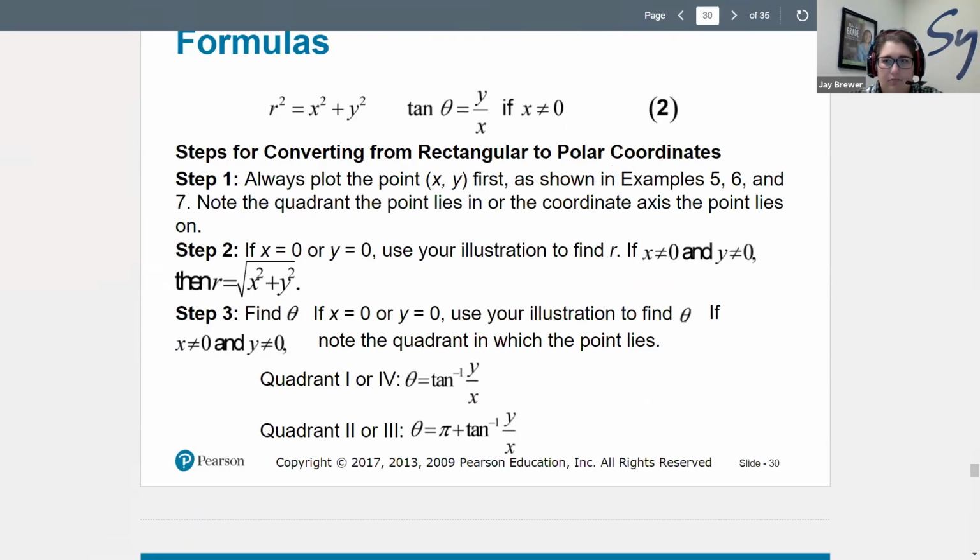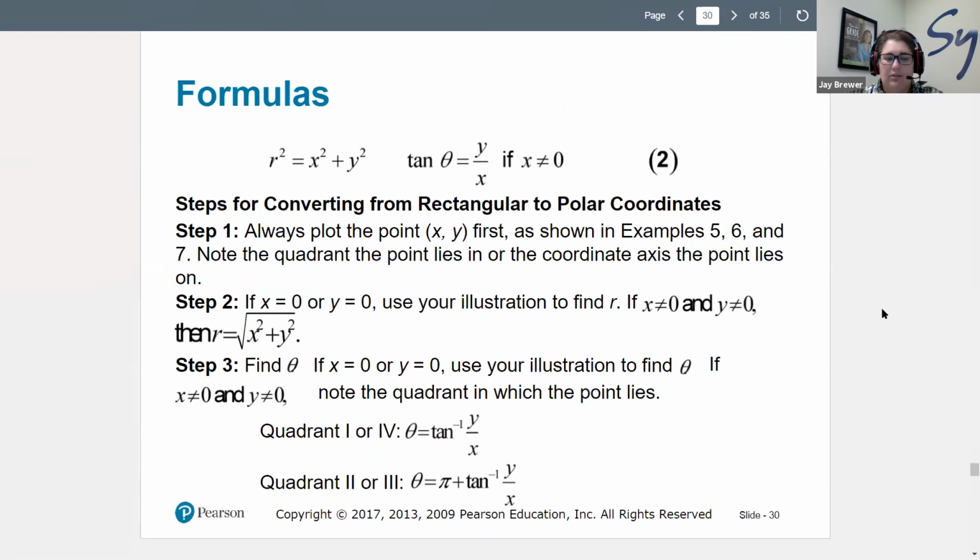Go ahead and write your formulas out, especially if you're taking notes by hand. So it gives you the steps for converting from rectangular to polar. Always plot the point first. Note the quadrant the point lies in, or the coordinate axes the point lies on.